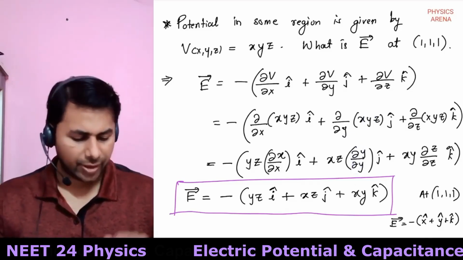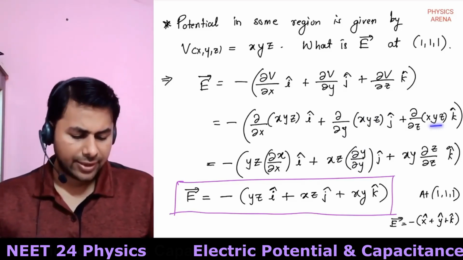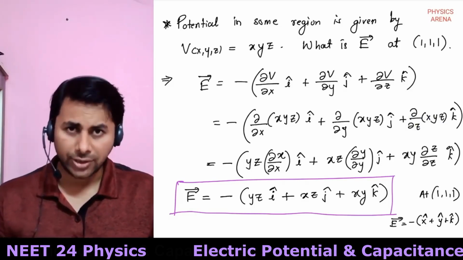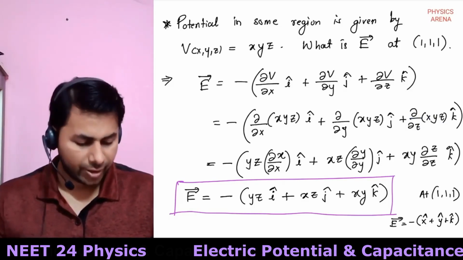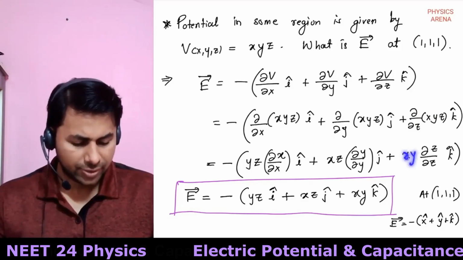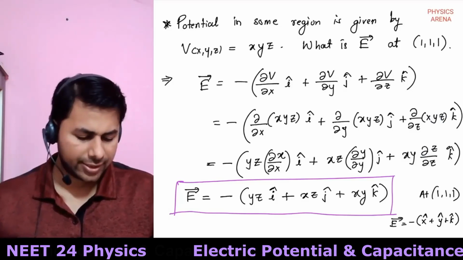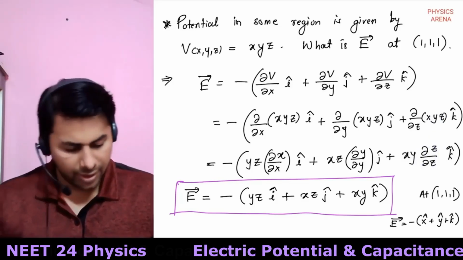Then here you have xyz, derivative with respect to z. You will treat x and y as constants, because you are taking partial derivative with respect to z. So x and y out, you have del z by del z, that is also equal to 1, right?